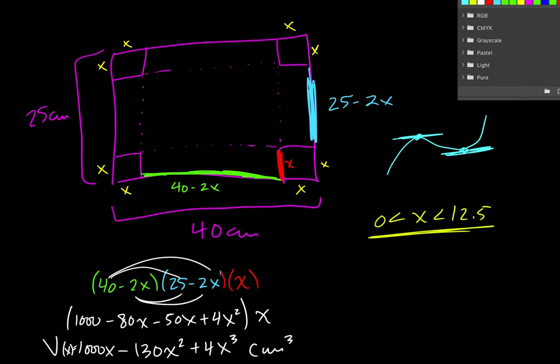And then we'll have to determine which one's actually a maximum or a minimum. So we take the derivative of this. So we get 1,000 minus, bring down the 2, so 260x. Bring down that, we get 12x squared. So that's our derivative. We want to set that equal to 0.